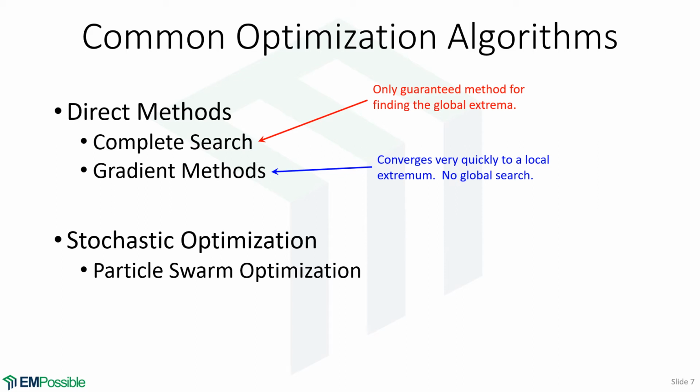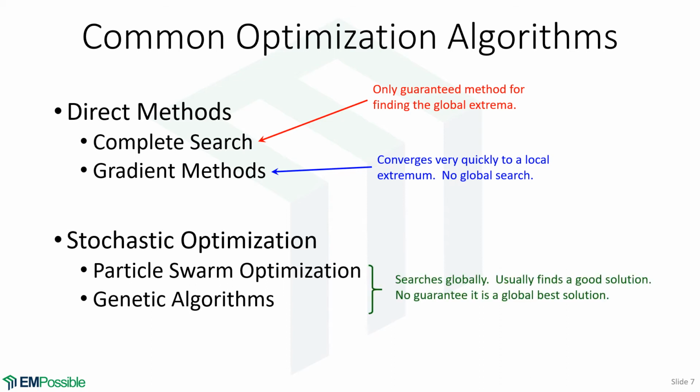And this was inspired by how flocks of birds or schools of fish would swim around, and they sort of cooperate and kind of communicate with each other. And somebody looked at that and said, hey, that could be an optimization algorithm looking for a local best, just like a school of fish would swim around. Older than that, and also hugely popular, are genetic algorithms, where you essentially describe your device with DNA, and you combine DNA and you have mutations and all this, just like how genetics work.